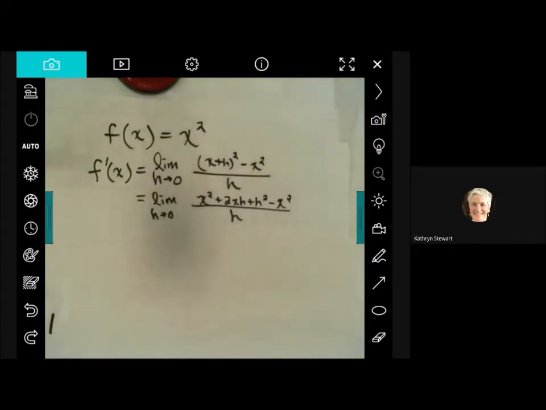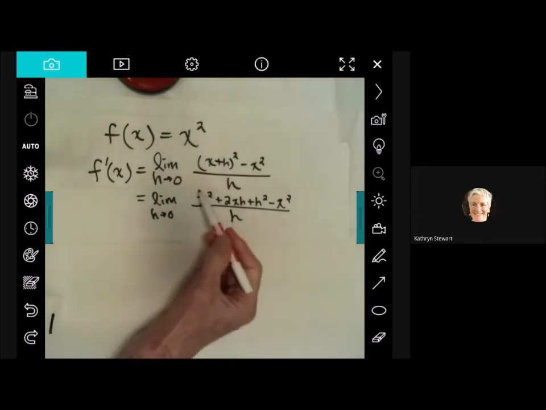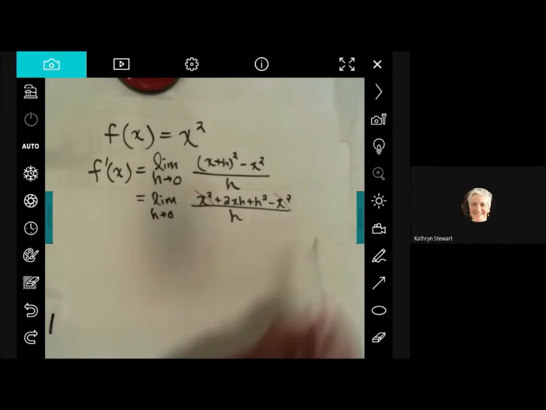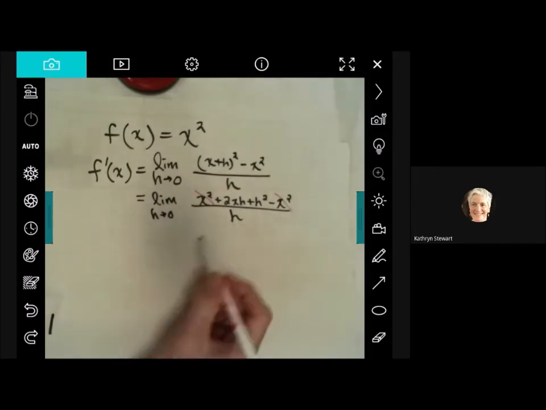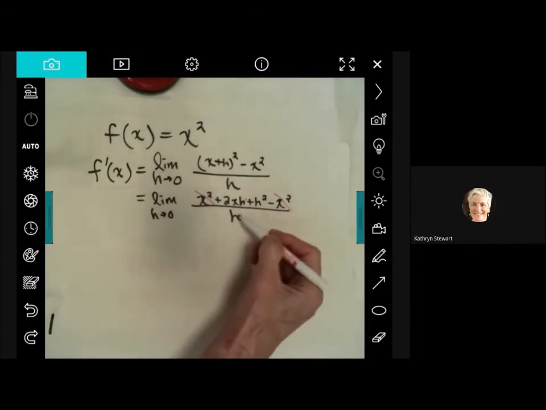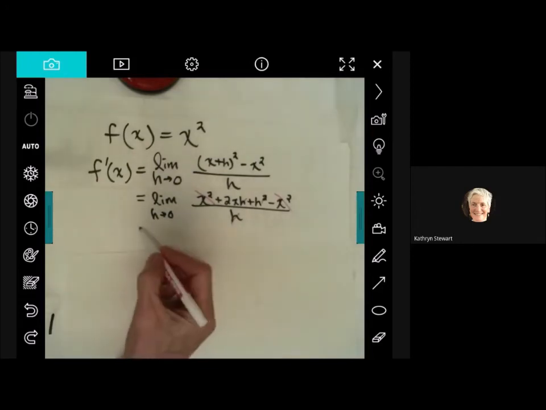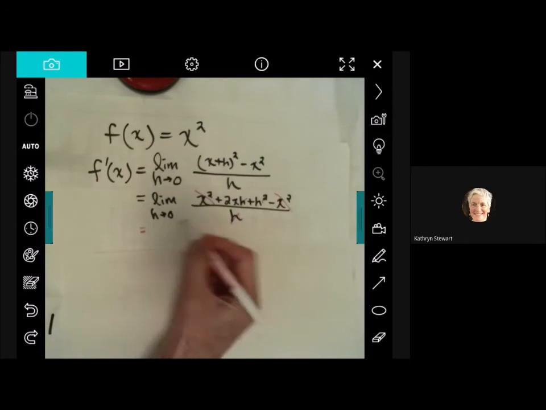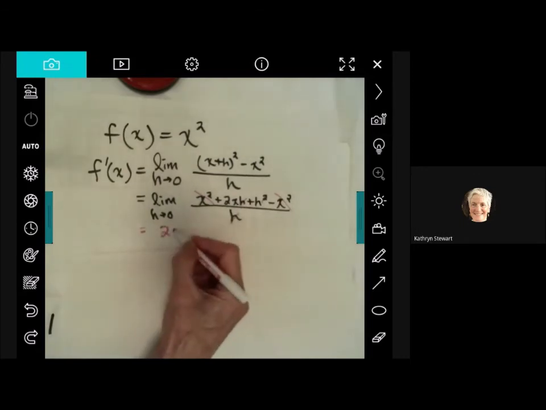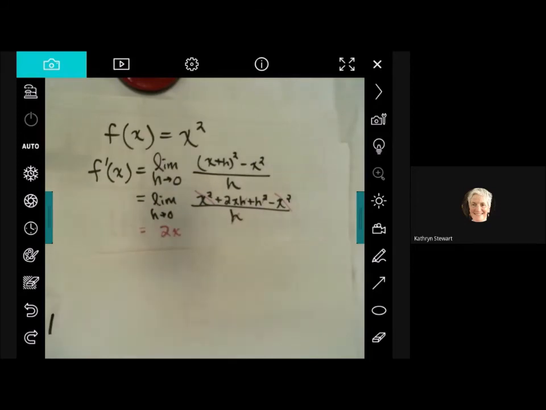All right, did you have success? If you expanded this first one out, you'll see that, of course, those first terms always go away, right? And then if you divide your h out from both terms and now substitute in your 0 for h, you're left with 2x plus 0. 2x.